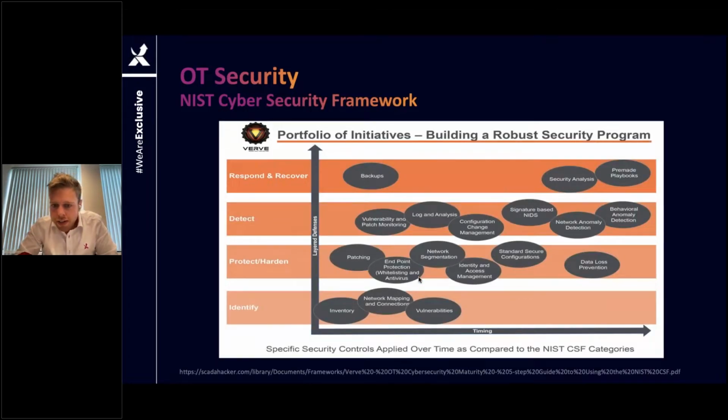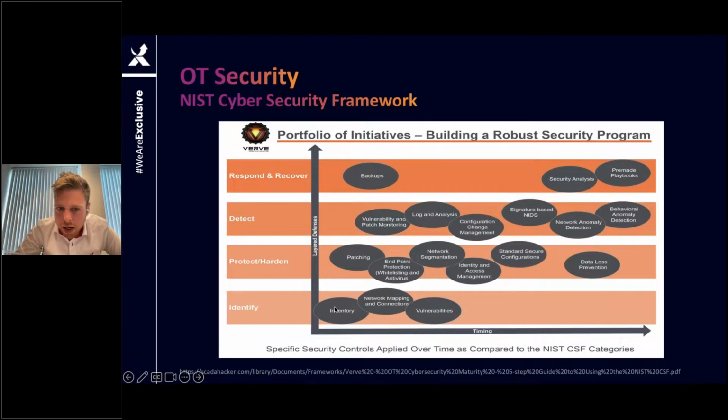This is my last slide, I think, and this is a kind of summarization of where and what can be secured in an OT network. It's made up by Verve, and it's also defined in terms of timing, and also in terms of the level that you're going to tackle.